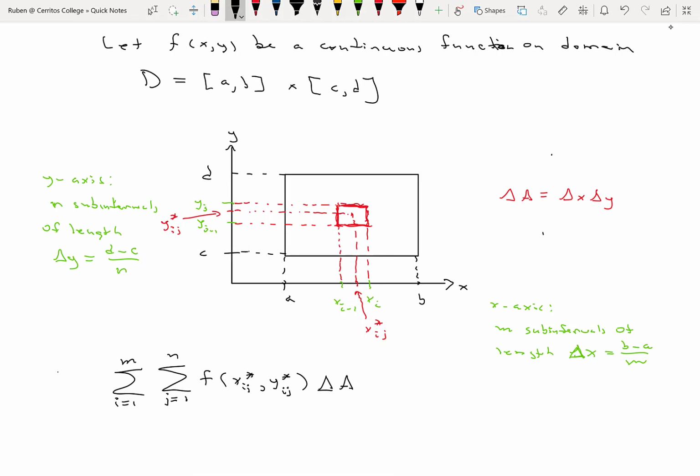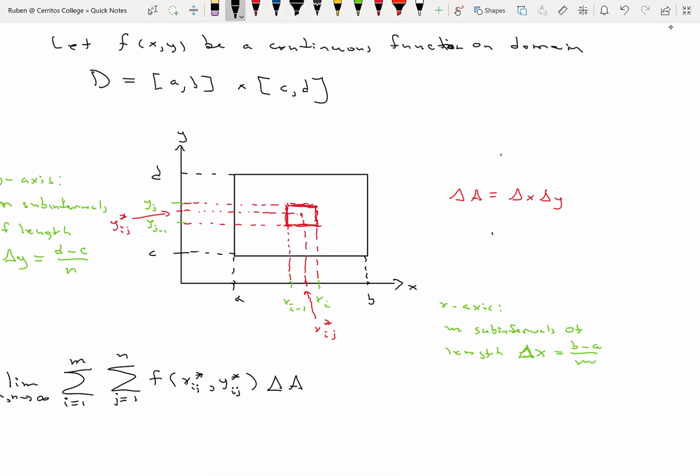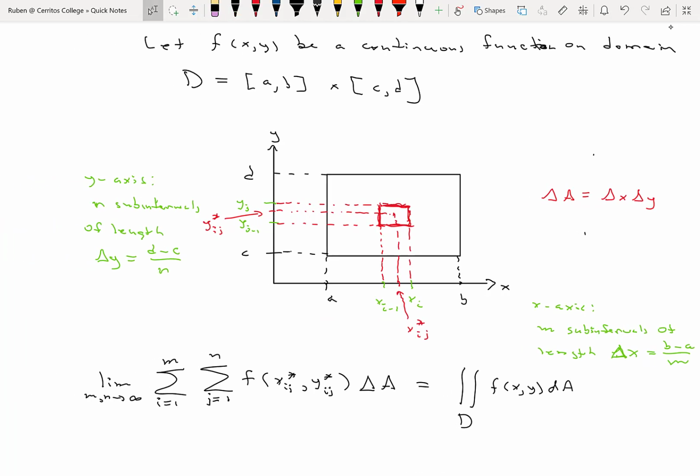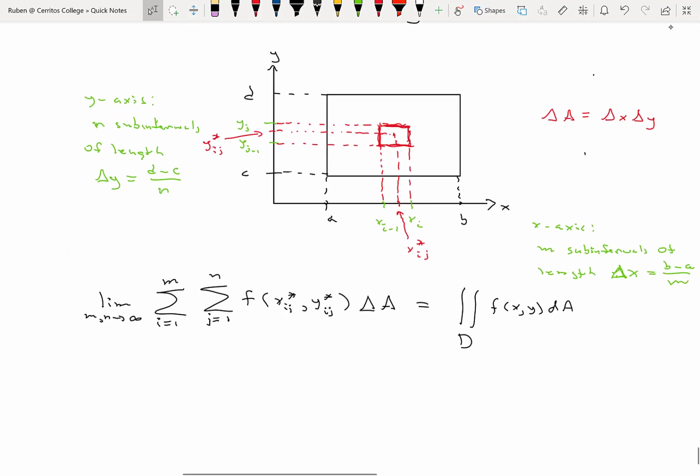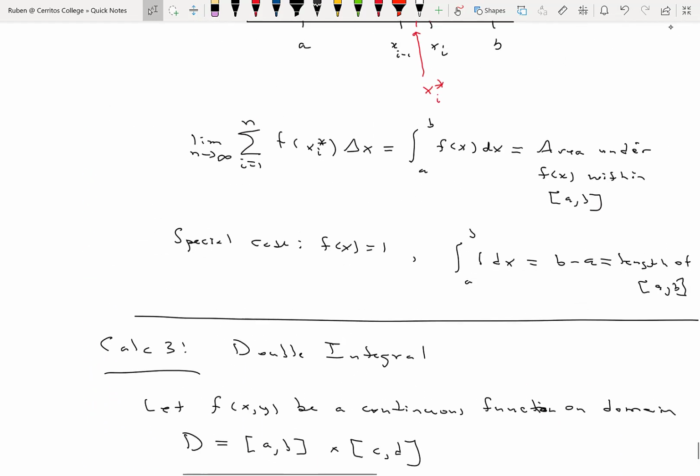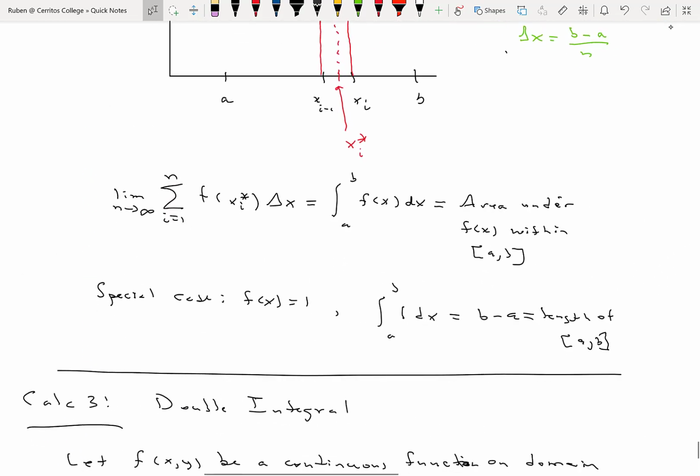And finally, we took the limit as the number of subintervals along each axis becomes infinite. And that's the definition of the double integral of f of x, y, dA over the rectangle D. Okay, a very complicated limit, actually.